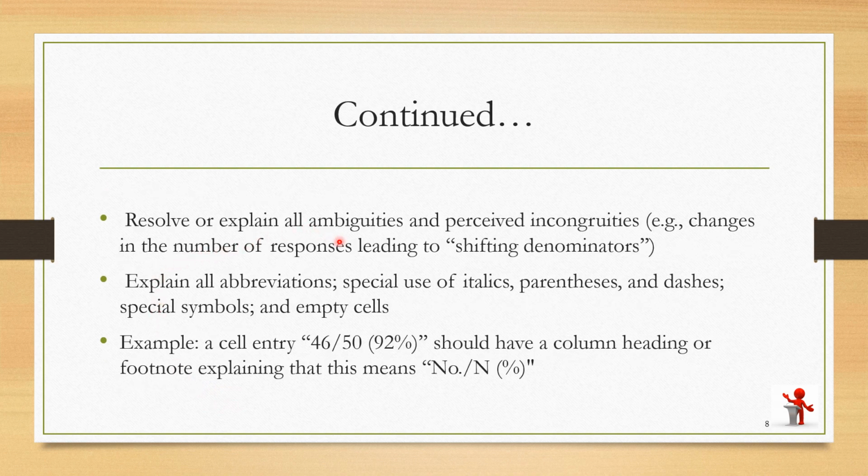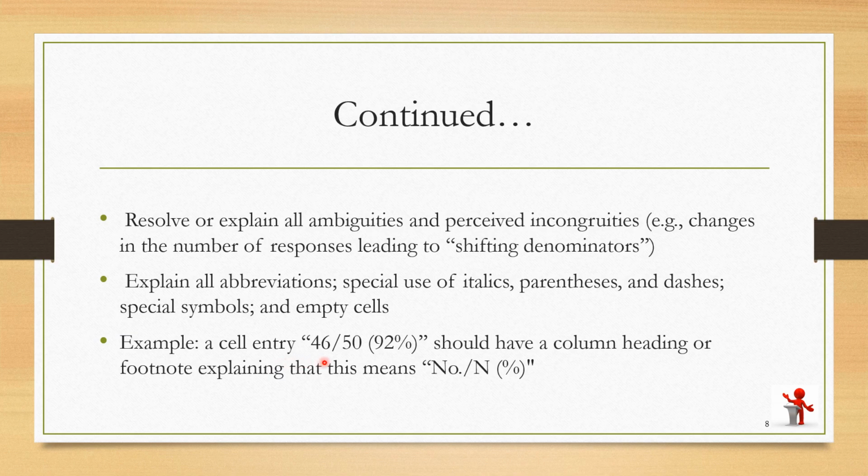Resolve or explain all ambiguities and perceived incongruities such as changes in the number of responses leading to shifting denominators. Explain all abbreviations, special use of italics, parentheses, and dashes, special symbols, and empty cells.